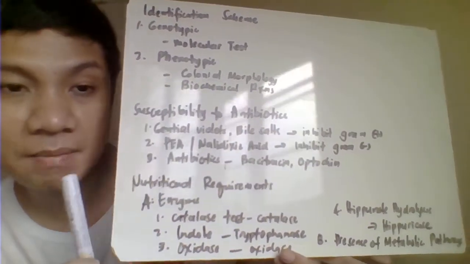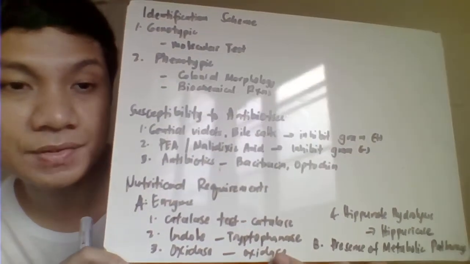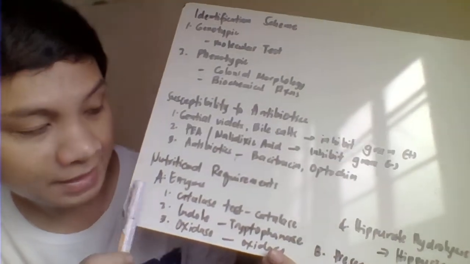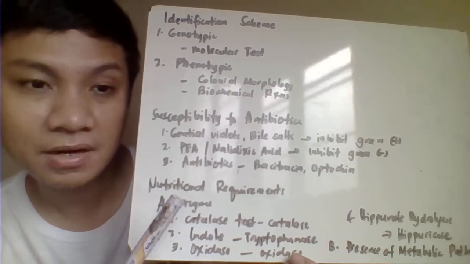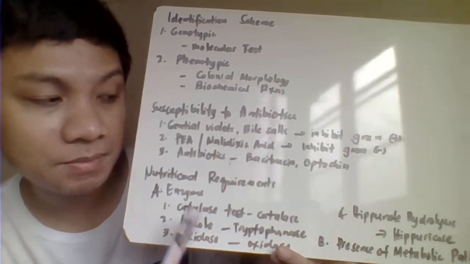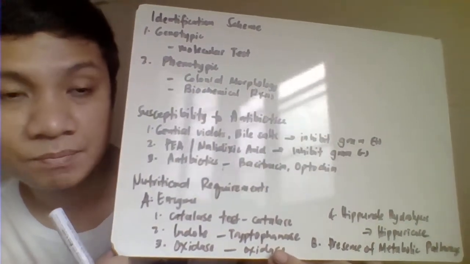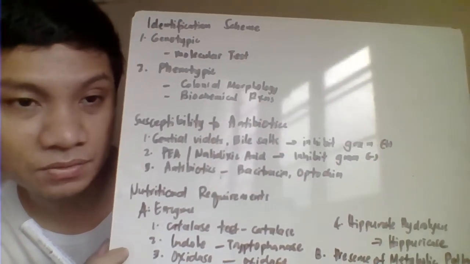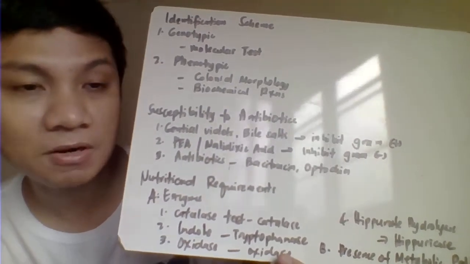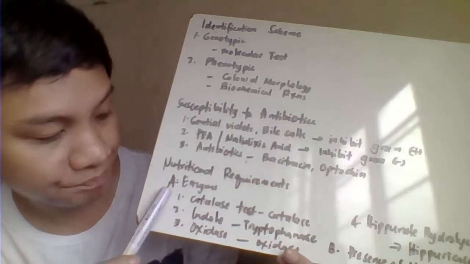Then we have also here some antibiotics for your antimicrobial susceptibility testing. Okay, then we have here the nutritional requirements. You can test for the nutritional requirements like their enzymes or even their metabolic pathways, which serve as the basis for your biochemical reactions. So you can have the enzyme test, where your bacteria contains the enzyme.